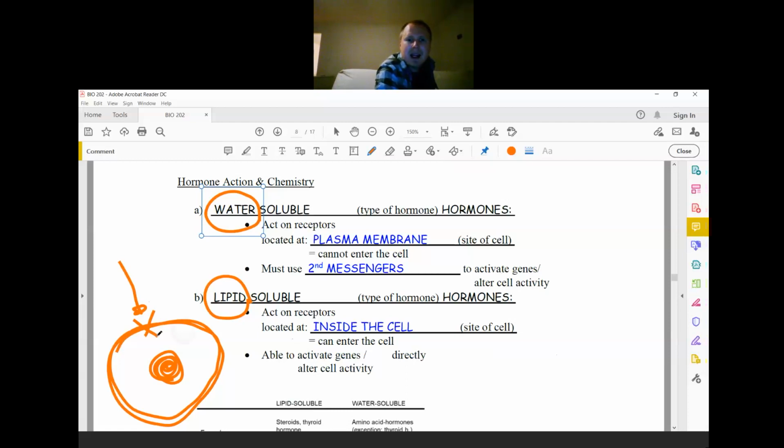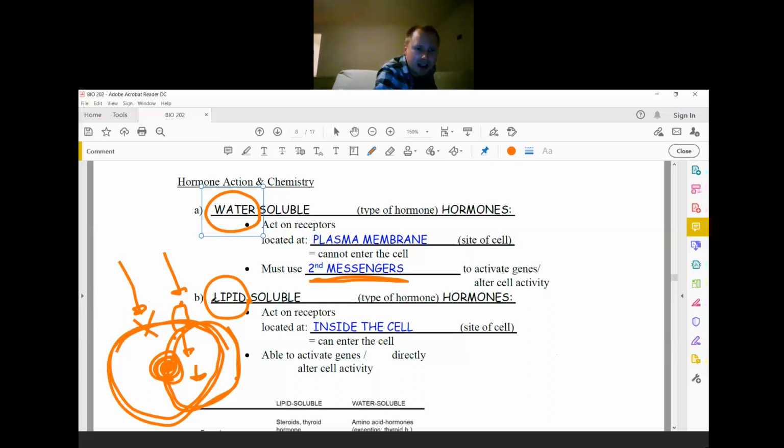Instead, it needs to act on a receptor that's located on this membrane. And then this receptor triggers a series of events inside the cell. So these water-soluble hormones require second messengers inside the cell.